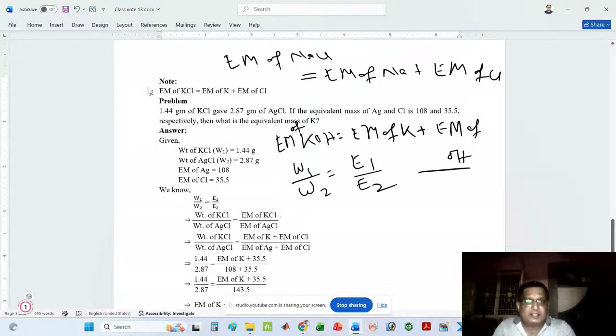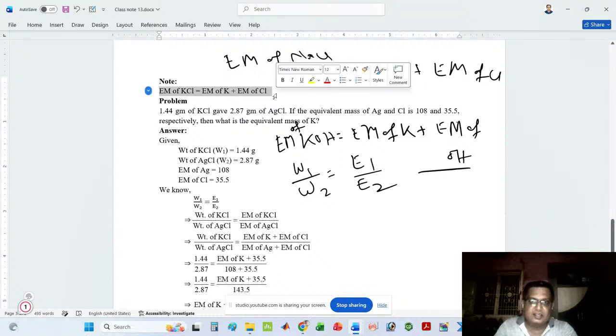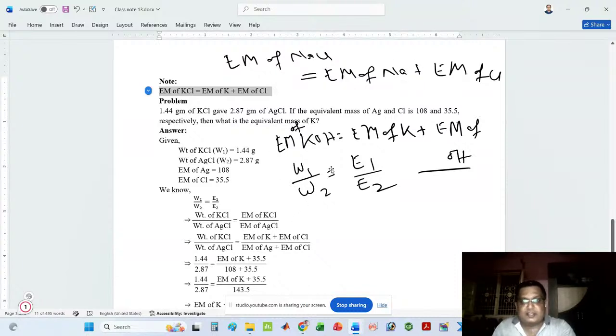Again, apply this concept. Equivalent mass of KCl is equal to equivalent mass of K plus equivalent mass of Cl. Equivalent mass of AgCl is equal to equivalent mass of Ag plus equivalent mass of chlorine.